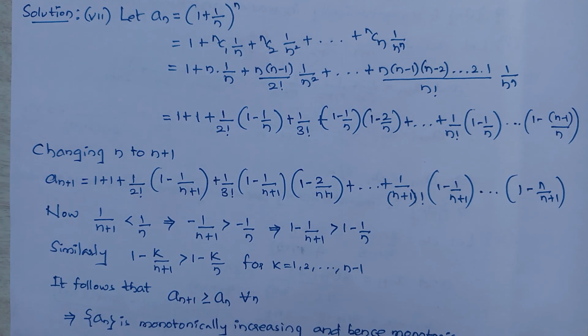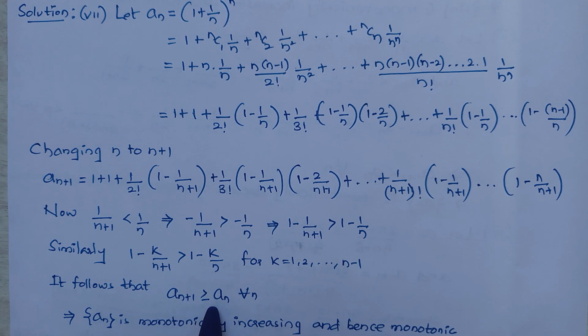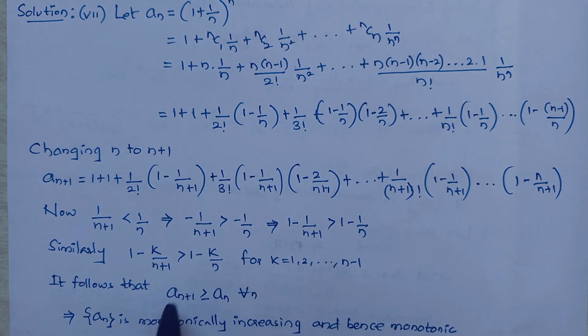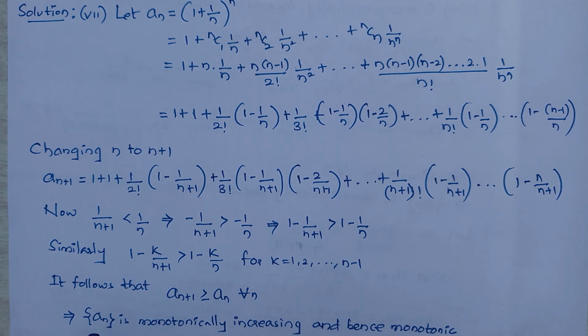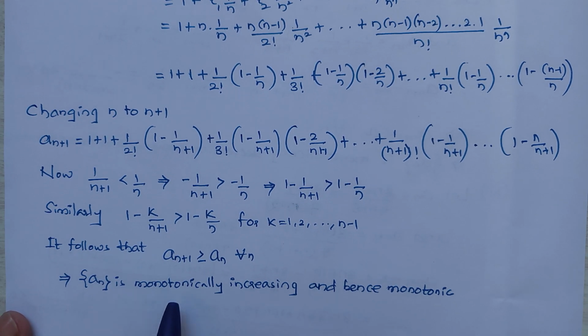Therefore a_(n+1) is greater than a_n. This is the definition of a monotonically increasing sequence, and this satisfies it. Therefore I can say the sequence a_n is a monotonically increasing sequence, so it is a monotonic sequence.